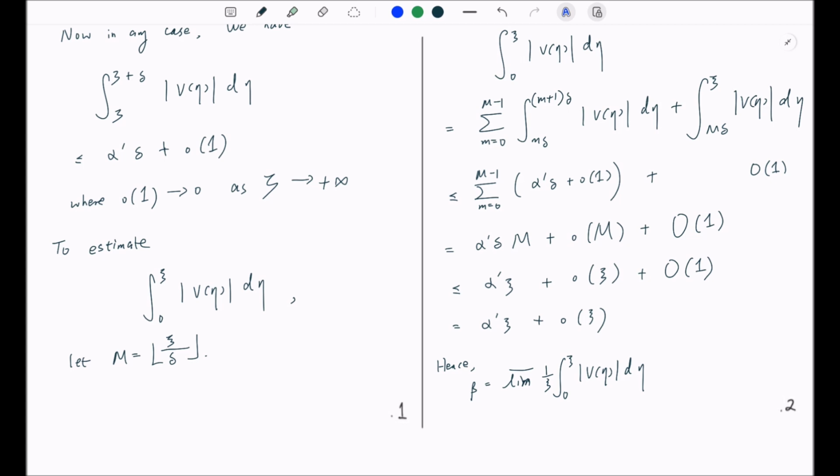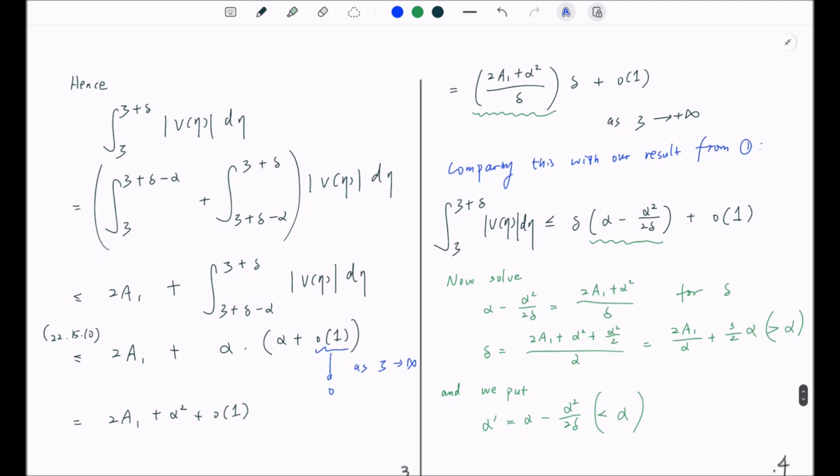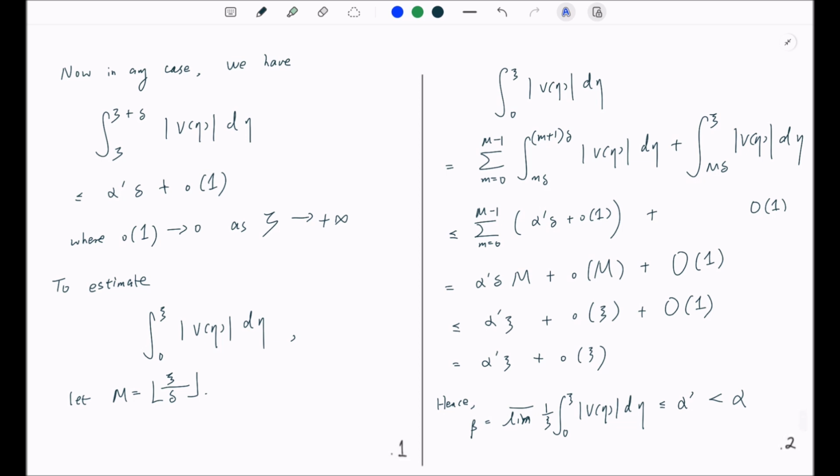You see this is bounded above by alpha prime. When you divide both sides by psi and let psi go to infinity, this little o part divided by psi will go to 0. So this is less than or equal to alpha prime. But by our choice of alpha prime, that alpha prime is less than alpha. So we conclude that beta is less than alpha.